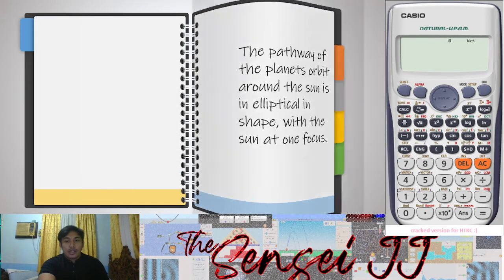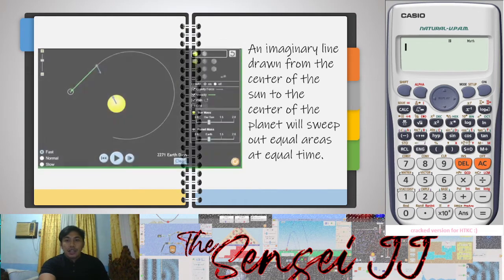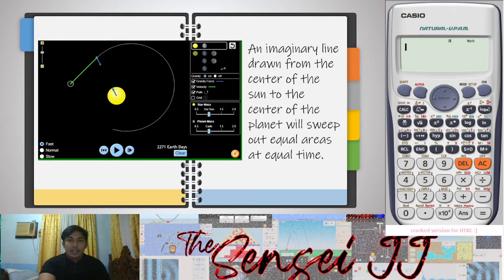For the next, an imaginary line drawn from the center of the sun to the center of the planet will sweep out equal areas in equal time. Here is the imaginary line that Kepler is talking about, sweeping this entire area: equal areas in equal time.